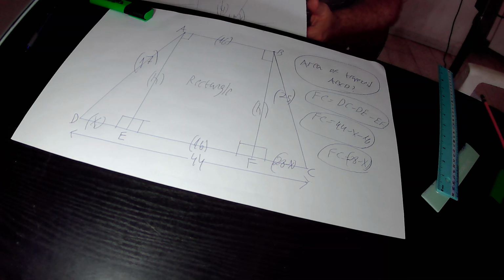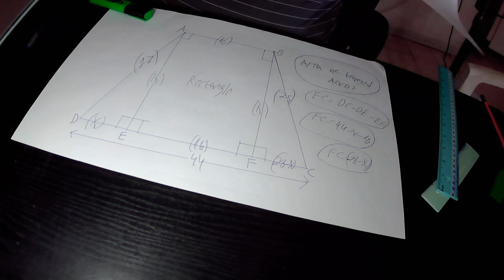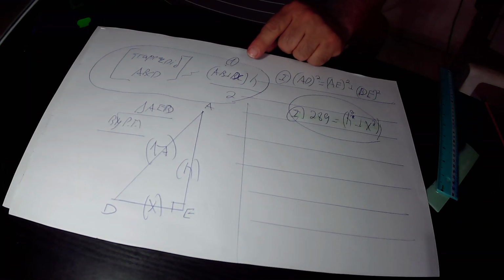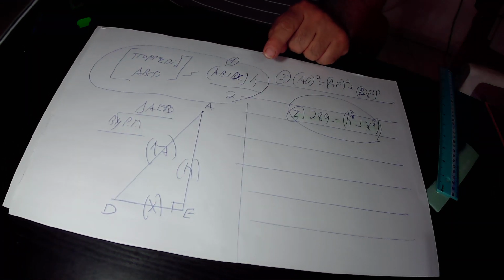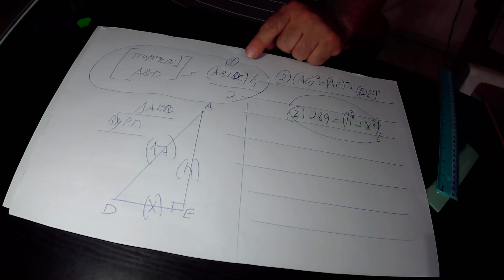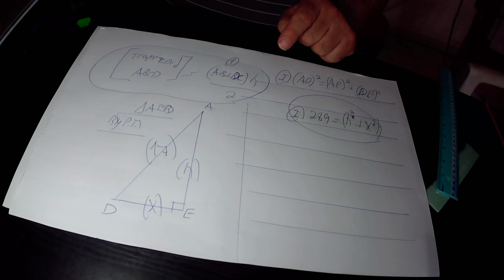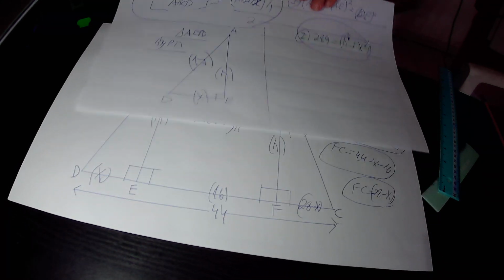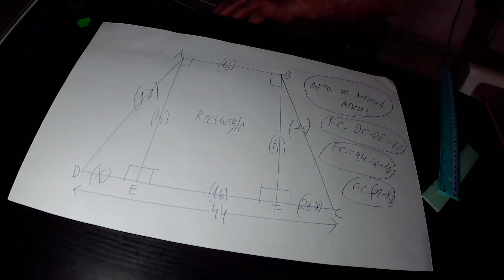And again, the area of our trapezoid ABCD is equal to AB plus DC times the height h over 2. The height h must create 90 degrees with the two parallel bases AB and DC. In order to find the area of trapezoid ABCD, we did a construction.